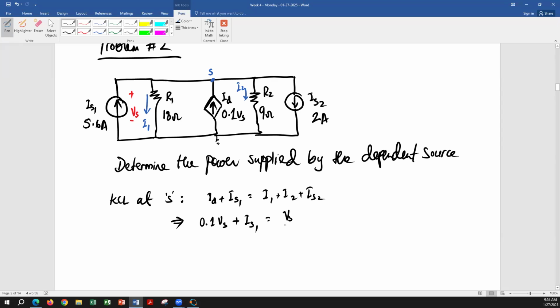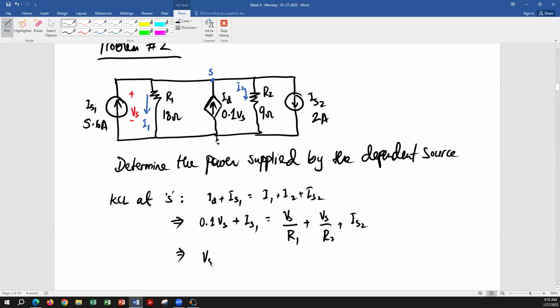Vs over what? What is I2? All right, and IS2 we don't know. So the equation is in terms of Vs, and that's what we are looking for.